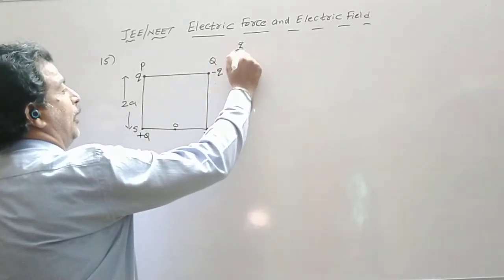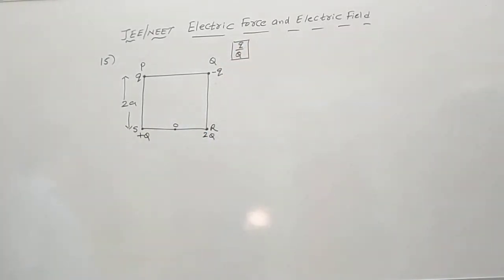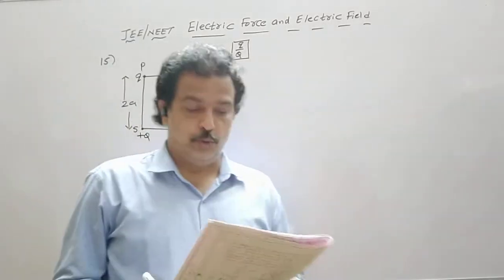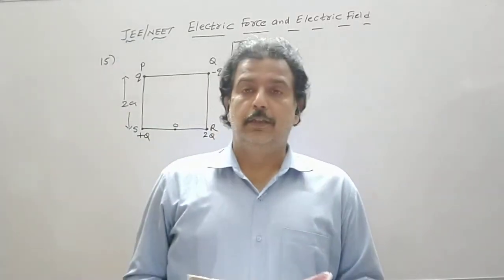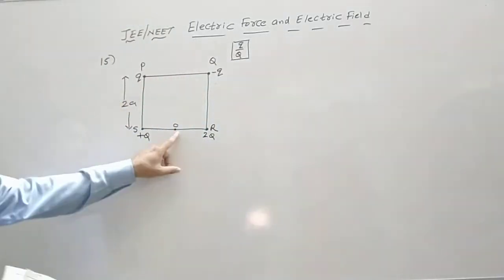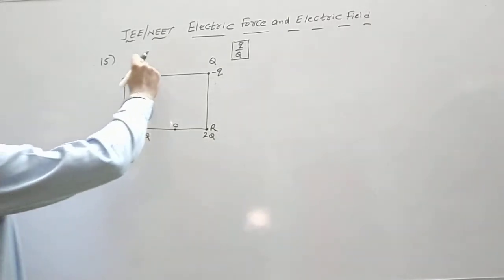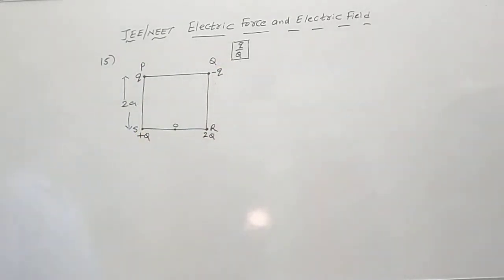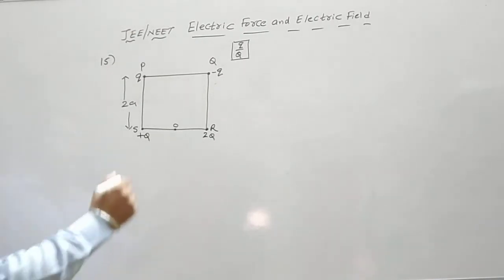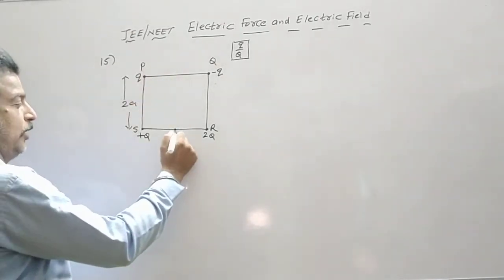So we have to find out the ratio of small q to the capital Q. Now we will find out the resultant field acting at the midpoint. There are 4 charges. So first we find out the magnitude as well as the direction.